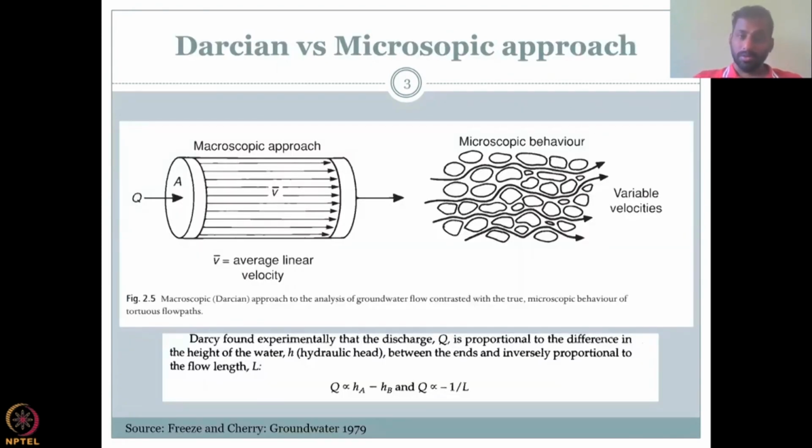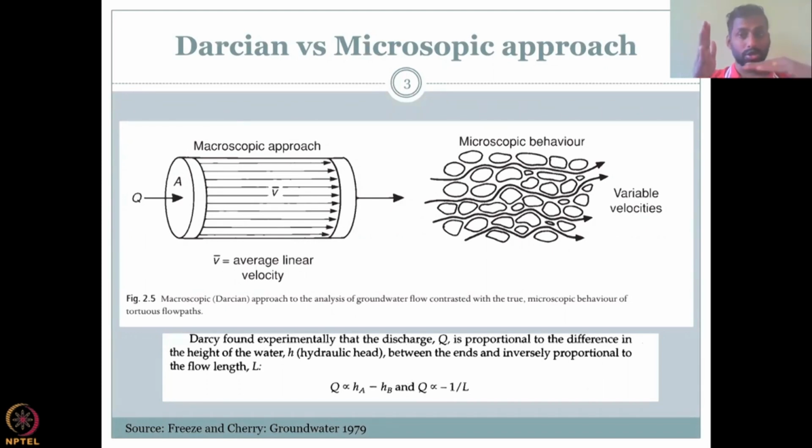In the previous lecture, we discussed the macroscopic view and the microscopic view of groundwater flow and how the water interacts and moves according to the material, the soil or the rock material. So in the macroscopic, which is called the Darcian view, you have an average linear velocity of the water particles.